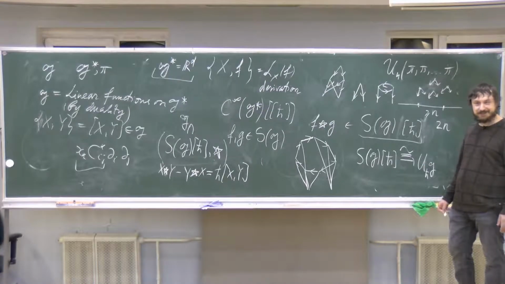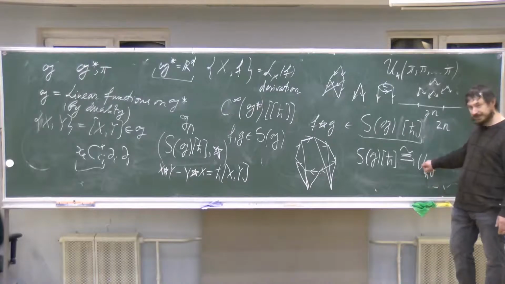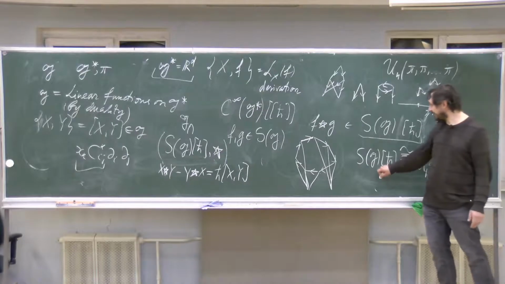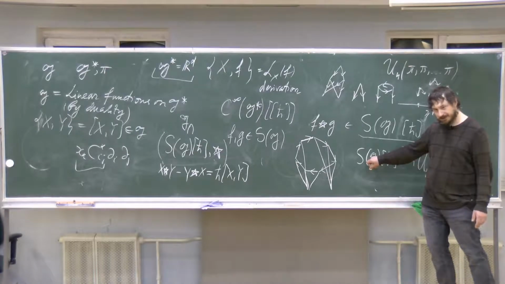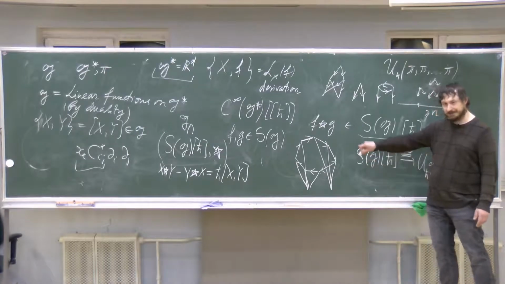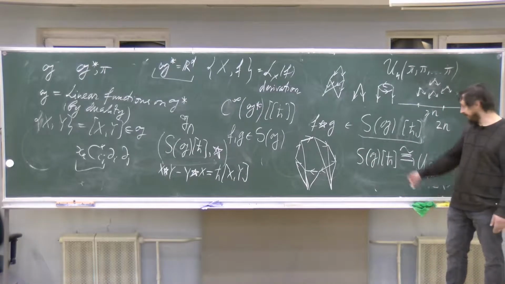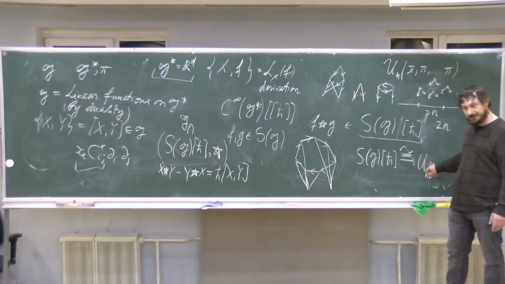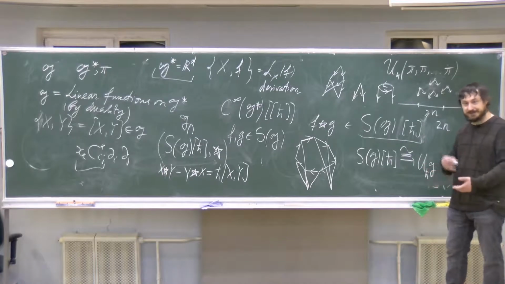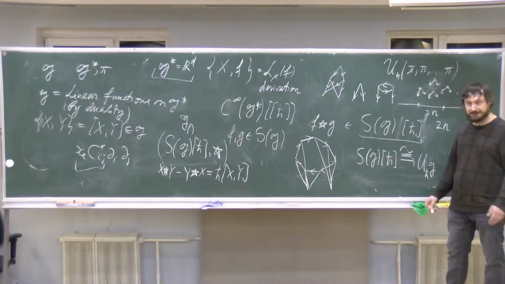You can only see that the Lie brackets are the same from here. But this algebra has a universal property: whenever there is an algebra which contains G such that the commutator is equal to the Lie bracket, then there is a map from here to here. And then you can use dimension counting to get this identification.